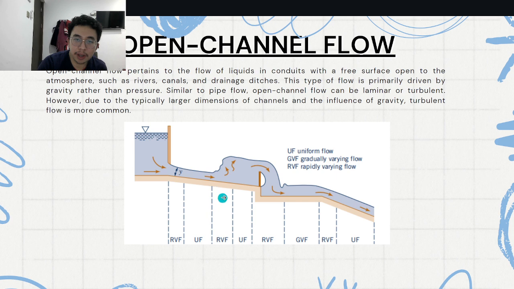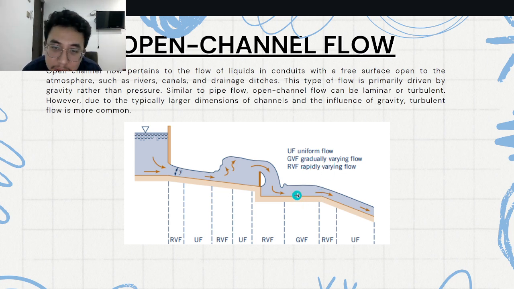At this part it also changes, from the fluid being down here and then going up here. It rapidly varies, but at this point it's UF. At this point, the fluid comes down again, which we can define as rapidly varying.